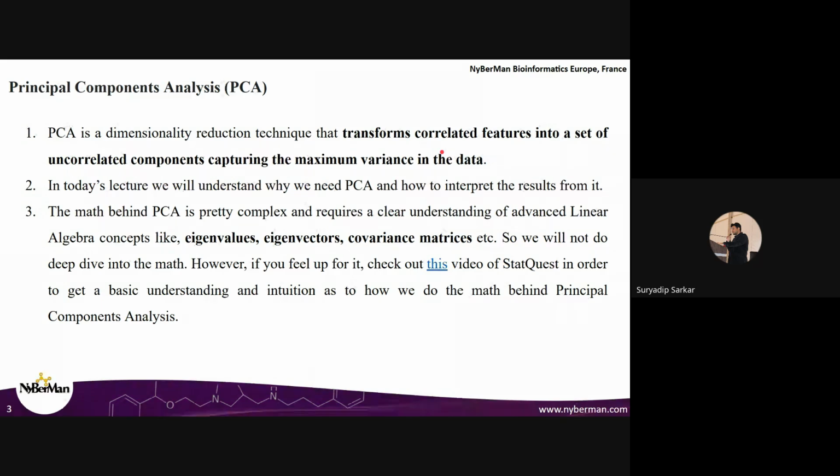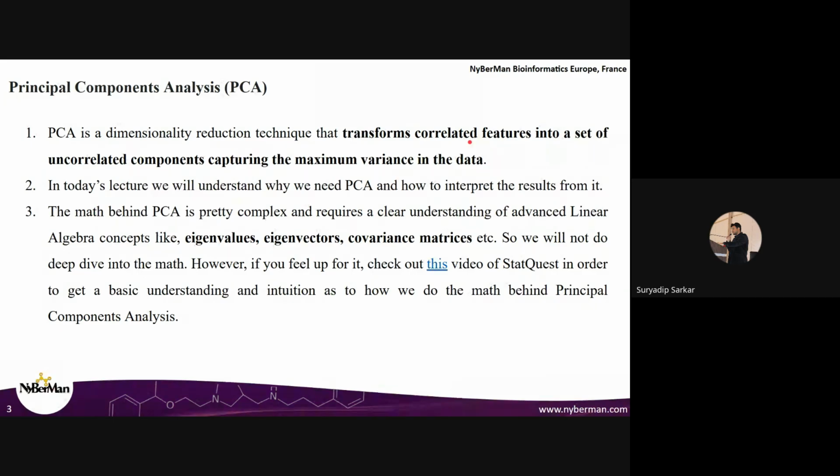The idea behind PCA is that each principal component will try to capture the maximum variance in the data, or in easier words, the maximum amount of information the data is trying to tell you. This will become more apparent when we go into a little of the details of PCA.